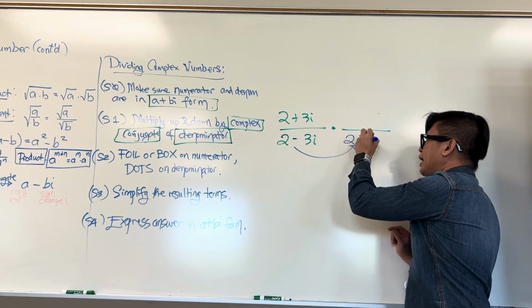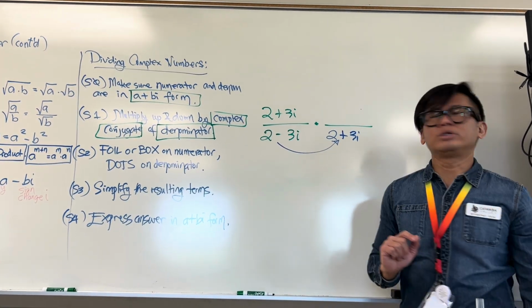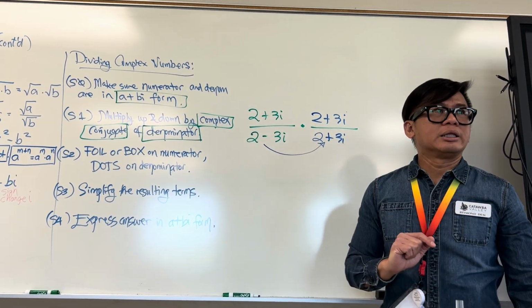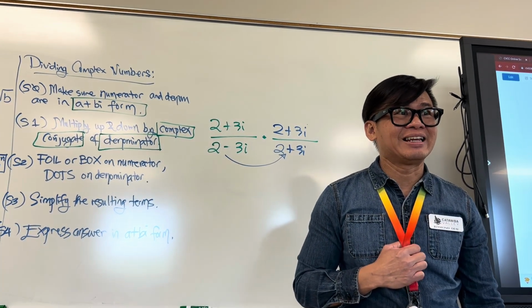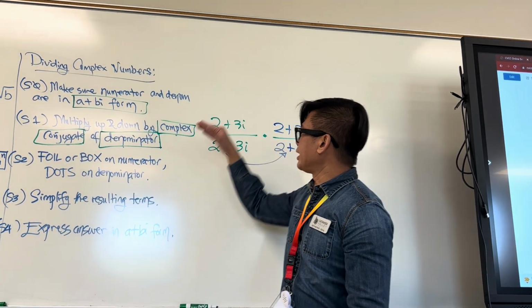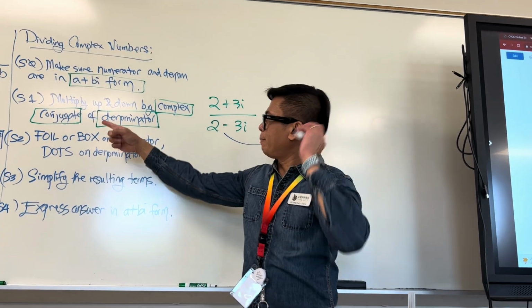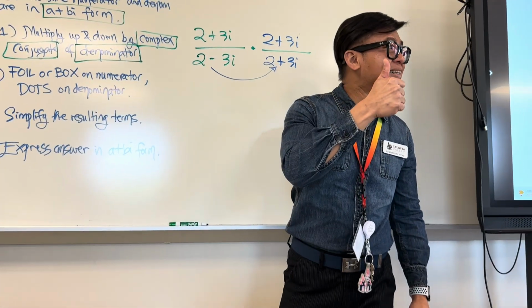The negative 3i, sign change it, plus 3i. Okay. Do the same above. Whatever you did below, you put the same thing above as well. Are we good? Get it? So once again, multiply up and down, meaning the numerator and denominator, by the complex conjugate of the denominator. Are we good? All right.